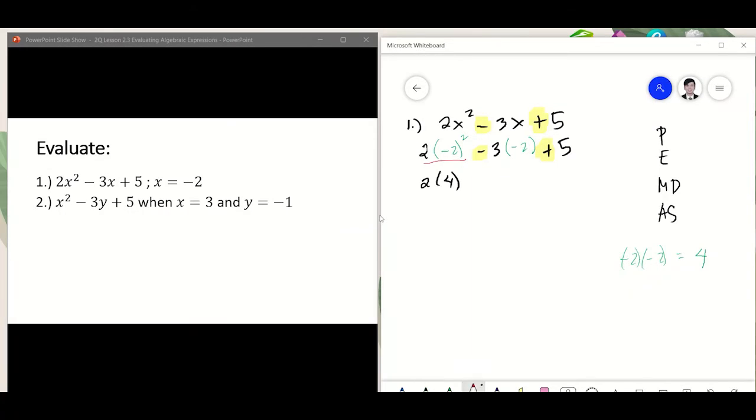Let's deal with the second term. Now I know that this is a minus, but we have a rule before that once we have a minus, we just have to change it to addition, but get the opposite of the number on its right. So automatically, we will think of this as plus, but we change the 3 into negative 3.